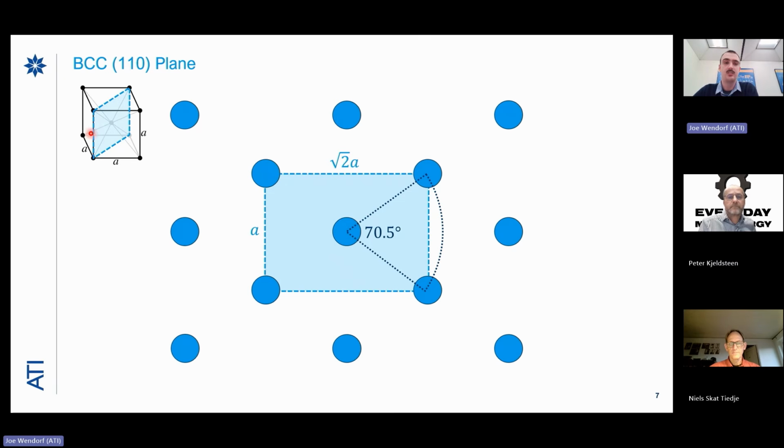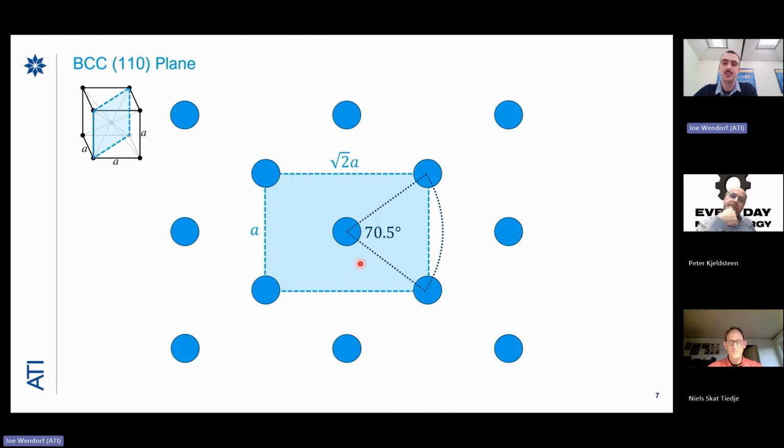So here, this diagonal here. So we've got an atom on each corner and an atom in the center that I've shown right here. And if you measure the dimensions of this, you have your lattice parameter and then square root of 2 times that, just because you've got a 45, 45, 90 triangle here. And the bond angle between nearest neighbors is 70.5 degrees.